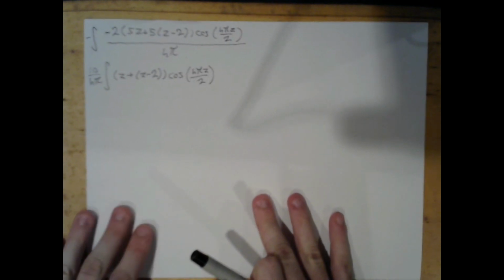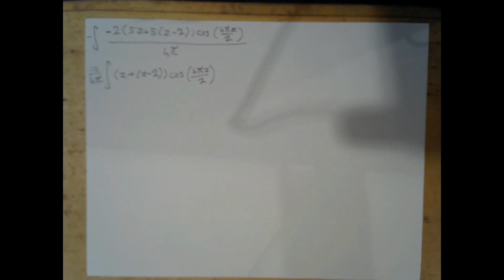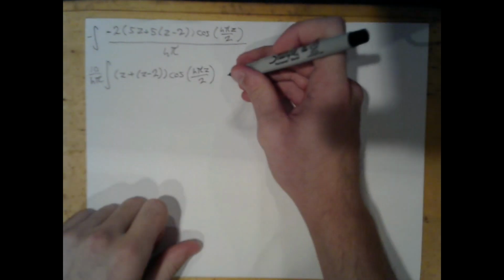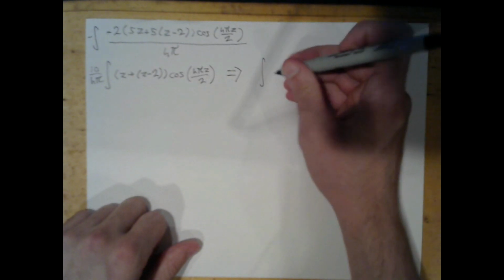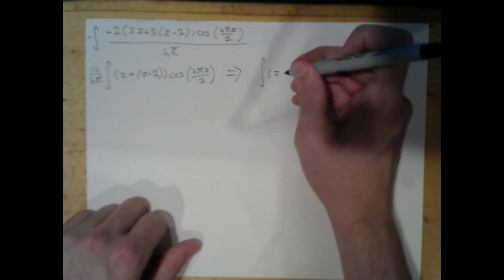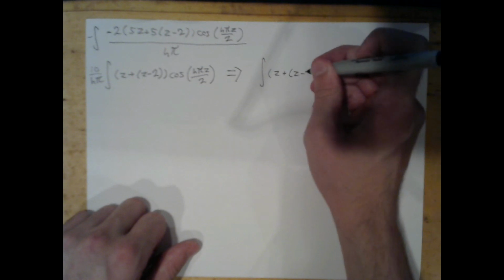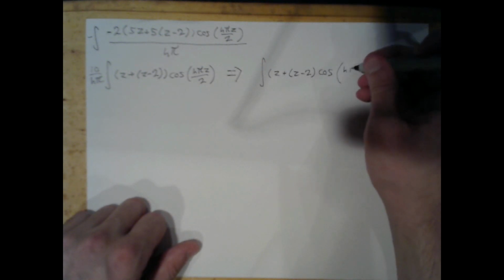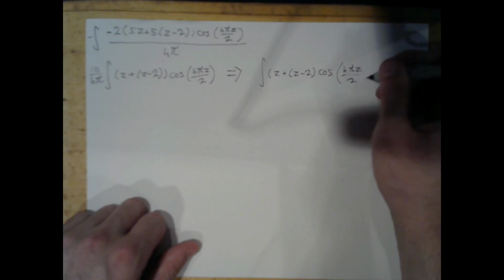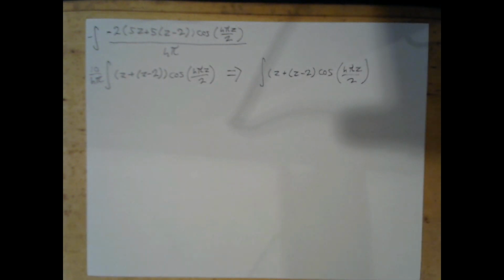Back to our integration step here. So now that we have this integration step here, it's important to recognize we can actually factor out something else. So when we have our integral here, we're going to have z plus z minus 2 cosine of h pi z over 2. We can actually factor something else out here.